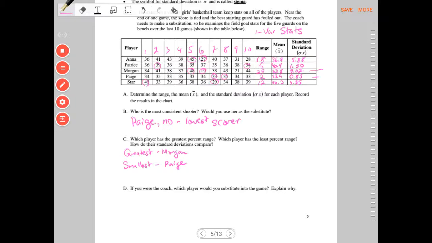If you were a coach, which player would you substitute into the game? Explain why. Okay, if I were this coach, taking a look, I would probably put in Patrice. Here's why.